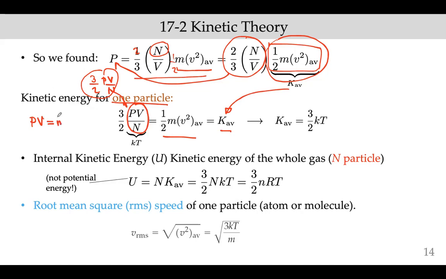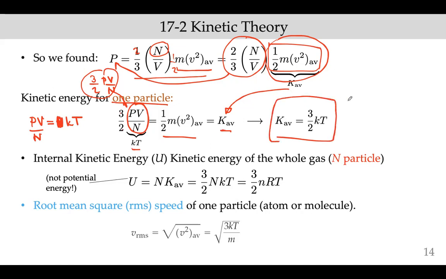Now, at this point, I can replace it. Remember, use the ideal gas law. Now take n to the numerator here. Then this value is just kT. So 3/2 kT is equal to the kinetic energy of a single particle in a gas.